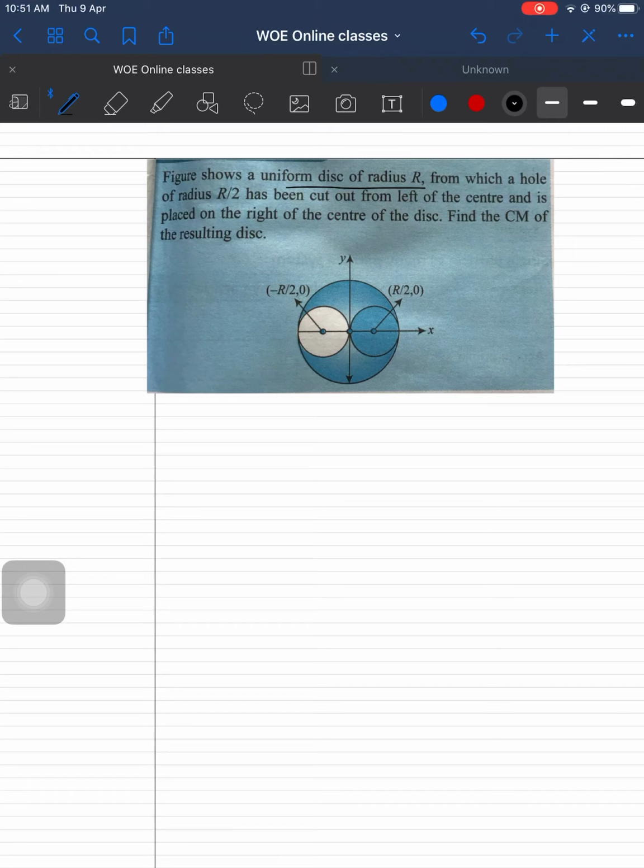Now what is done: a hole of radius r/2 is cut out from the left part and is placed on the right. Mass is removed and mass is added on the other side.